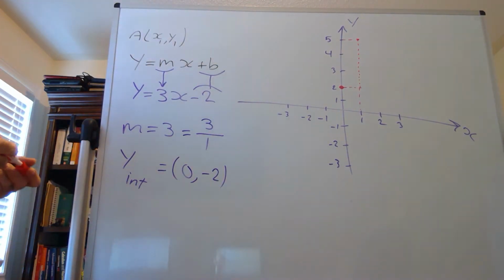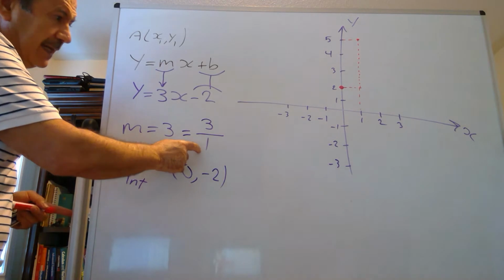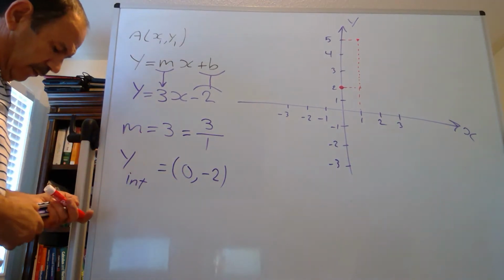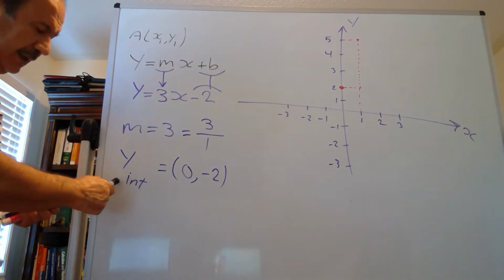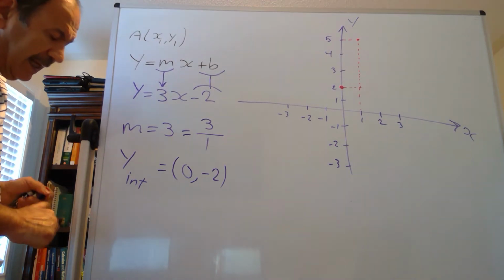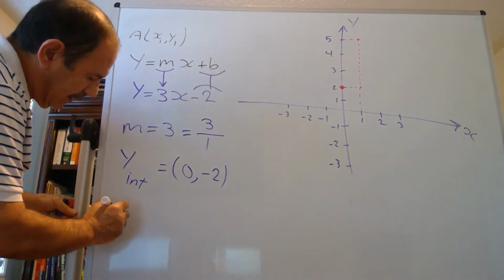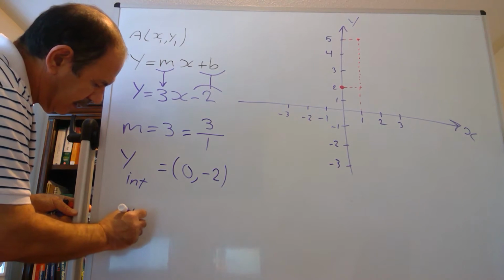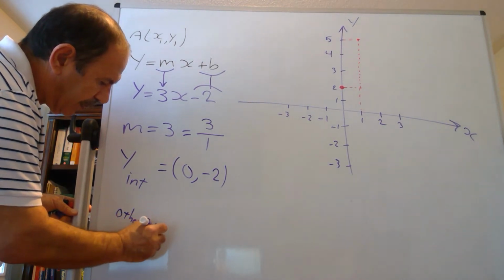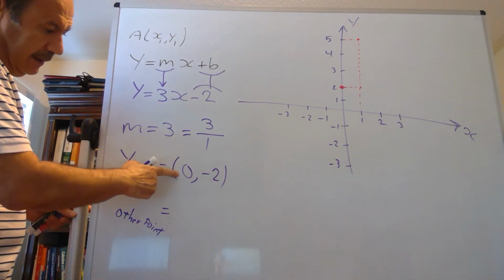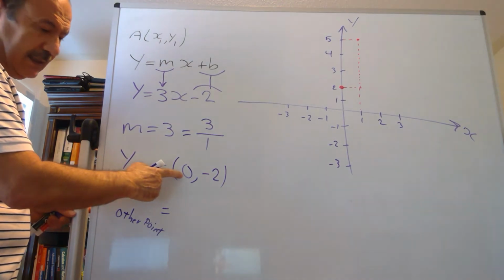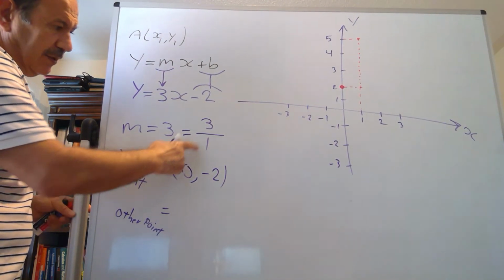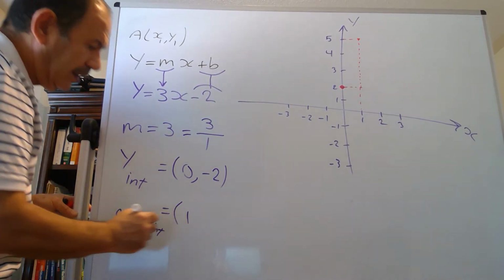Or there is another way that we can calculate the next point. This is the change in x, this is the change in y. Now, what is the next point? This is the y-intercept, one of the points. The other point: the x for this point is 0. 0 plus 1 is going to be 1.